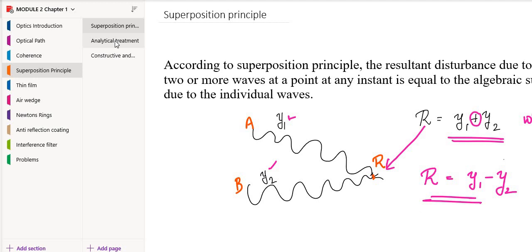Now let's describe this principle in detail. Let's go a little more mathematical and derive the condition for brightness and darkness.